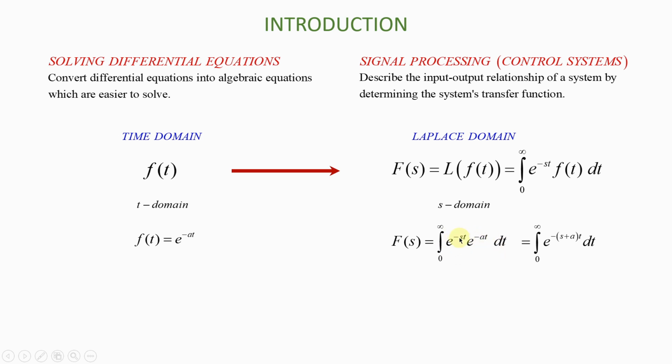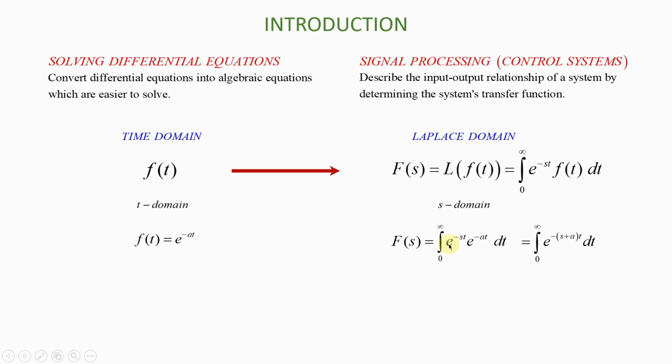Okay, so if you add this to that, what you get is this here. Okay, what I did, I just took the minus sign outside of the bracket and I wrote it like that. But this here is pretty much minus st plus minus at. So minus st minus at.